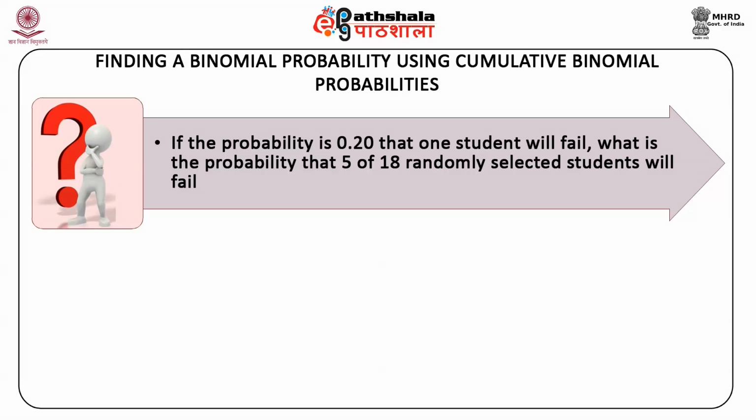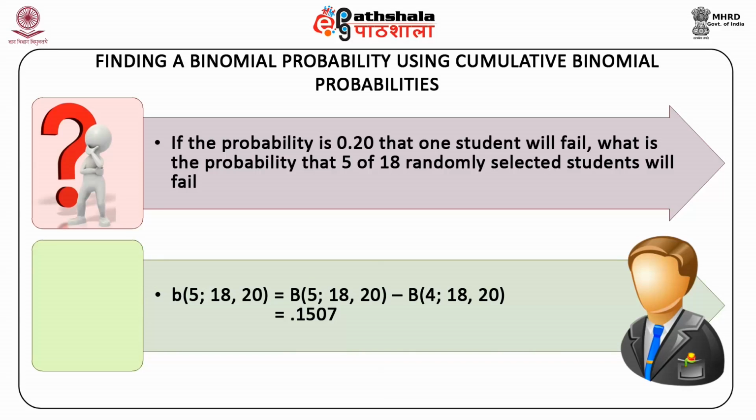What is the probability that 5 of 18 randomly selected students will fail? Using the relationship between binomial probability and cumulative probabilities, we get b(5; 18, 0.2) is equal to B(5; 18, 0.2) minus B(4; 18, 0.2), which is equal to 0.8671 minus 0.7164.